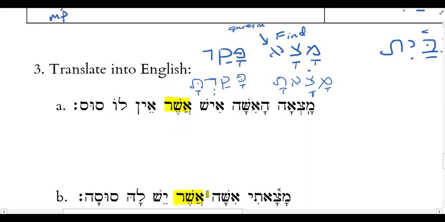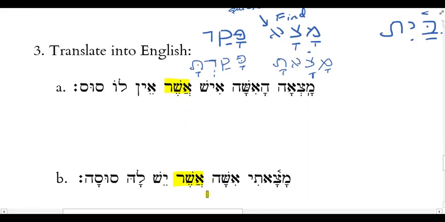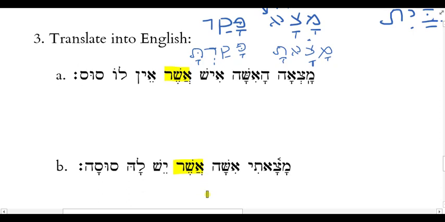Asher is a relative particle that introduces relative clauses in Hebrew. Now, what did we say in the lesson? What did we say that the relative clause does? What do relative clauses modify?